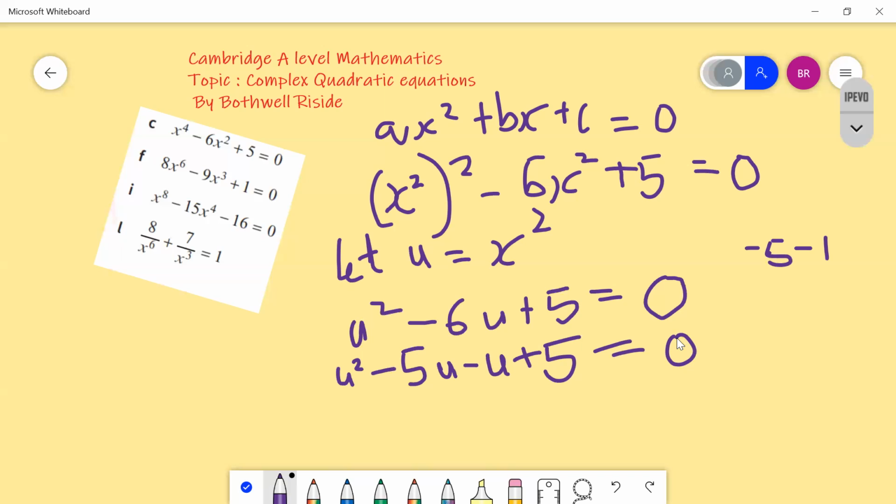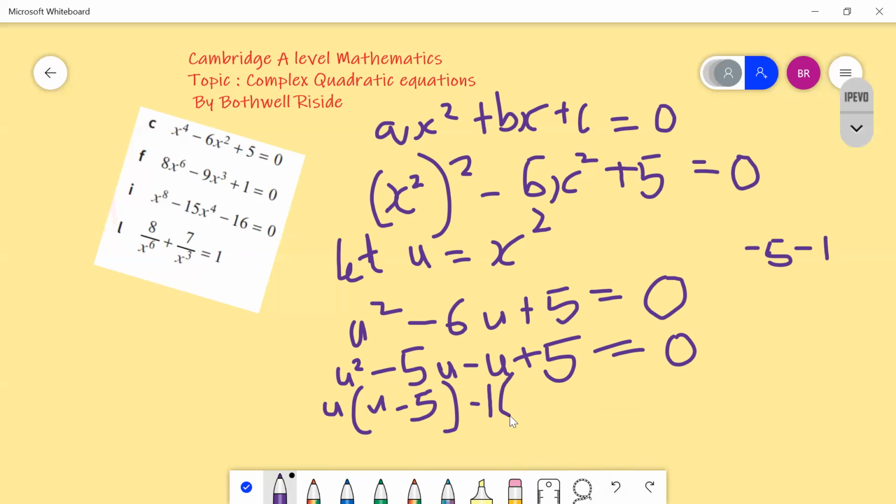Now, I'm going to factorize this. I'll have u outside the brackets, then u minus 5. If you say u times u, you get u squared. If you say u times minus 5, you get minus 5u. So that's the same. Then for the second pair, I don't have a common factor, so the common factor is 1.